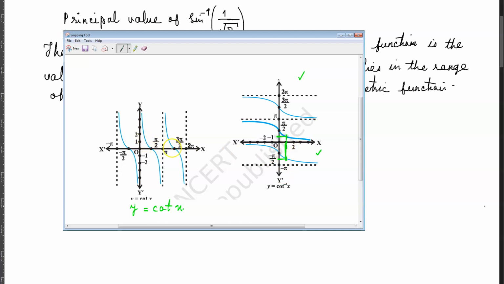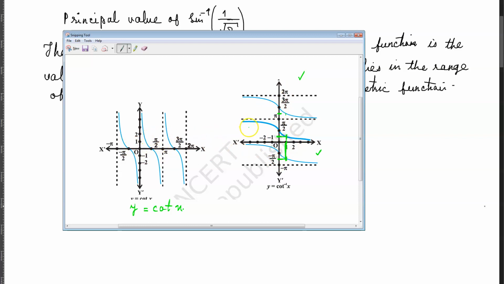If I restrict the domain to pi to 2 pi, then the range becomes pi to 2 pi, and the cot inverse of 1 would be this value over here, right? Depending on what you do here, the range will change, because the domain is changing.